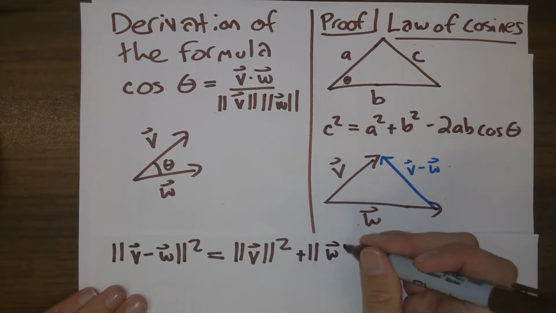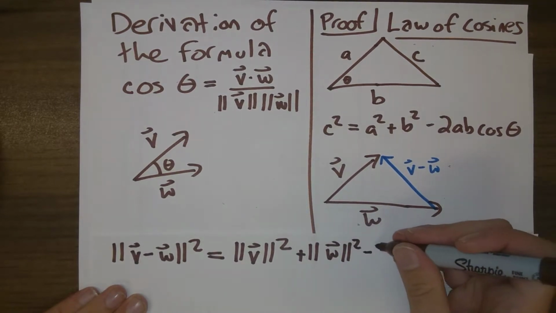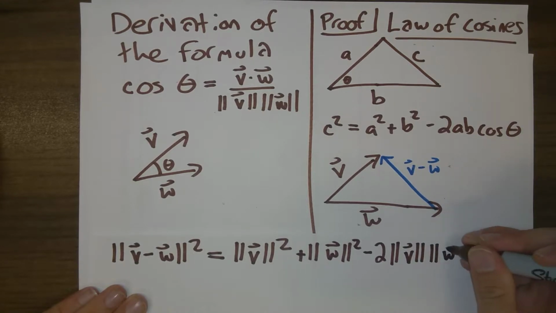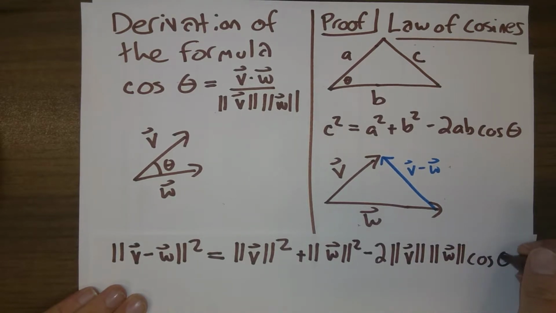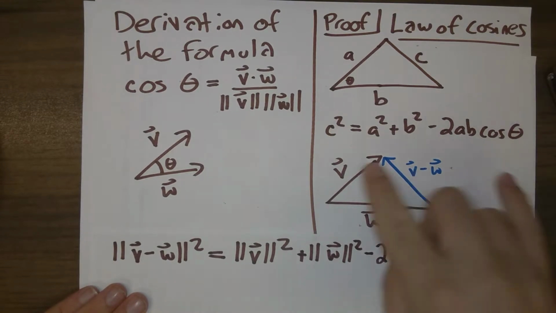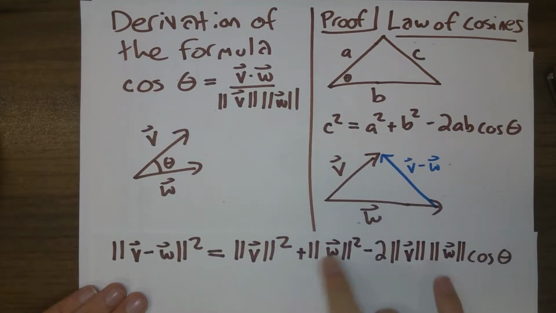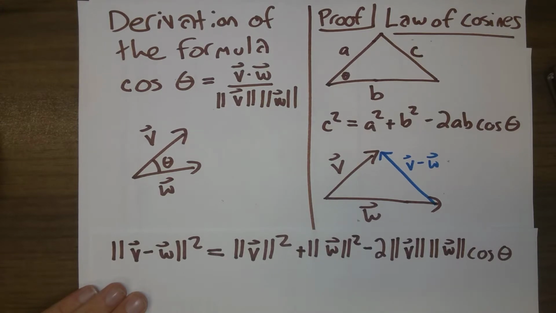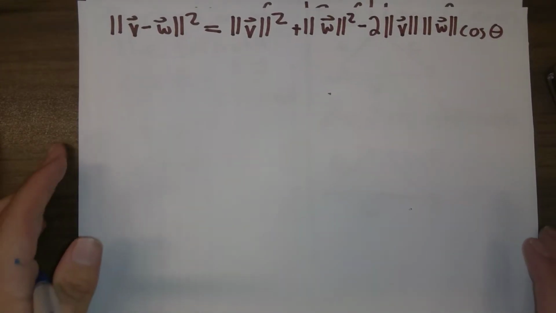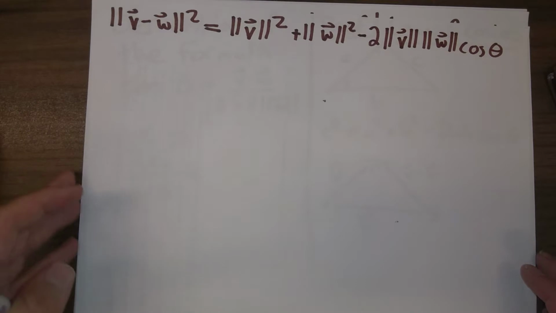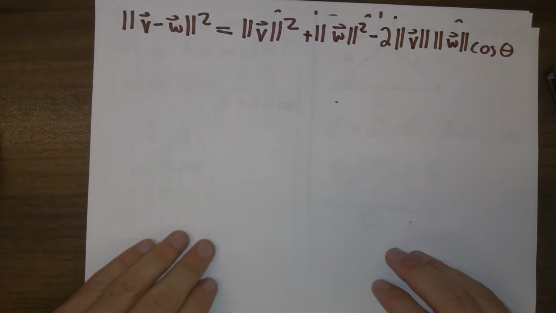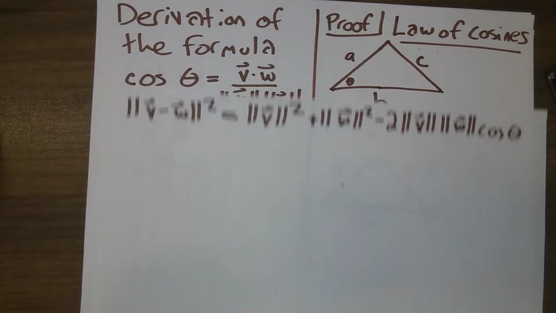So the length of w quantity squared minus 2 times the length of v times the length of w times cosine theta. So the only thing I've done here is that I'm just copying this formula down here, where c is the length of v minus w, a is the length of v, and b is the length of w. So we have this formula right here, and now our job is going to be to manipulate it. We're going to manipulate this until we end up with something that looks like this right here.